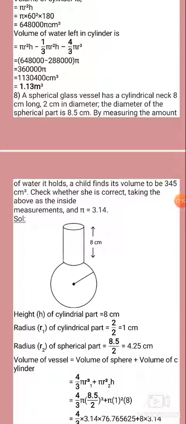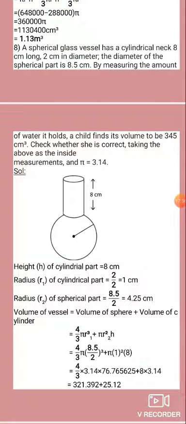Now volume of the vessel is equal to volume of the sphere plus volume of the cylinder, which is equal to what? 4 by 3 pi r cube plus volume of cylinder is pi r square h. So 4 by 3 pi into radius 8.5 by 2 the whole cube plus pi into 1 square into 8.